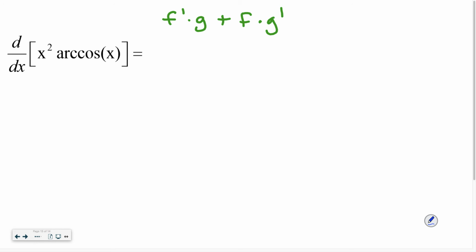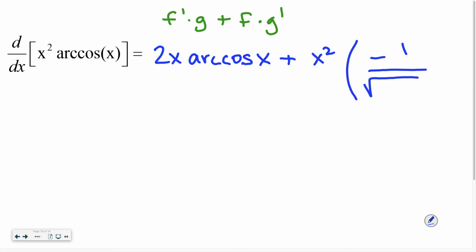So derivative of our first function: we have 2x arc cosine of x plus x squared times the derivative of arc cosine of x, which is negative 1 over radical 1 minus x squared. Right on?